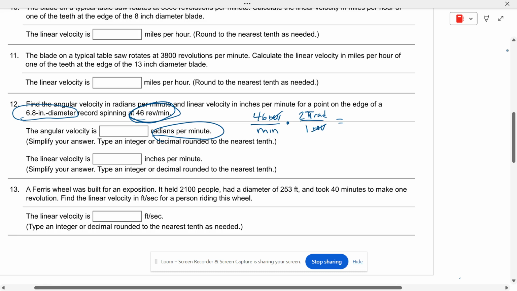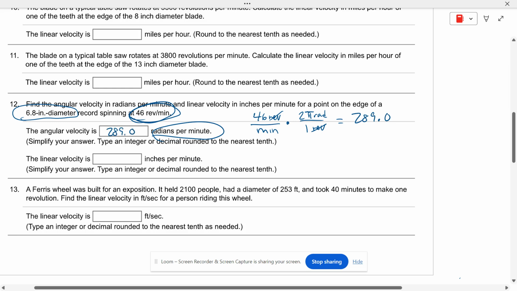And then I'll get radians per minute. Somebody calculate that out. 46 times 2 times pi. 289.0 then. Thank you.